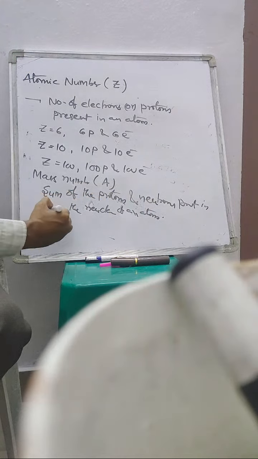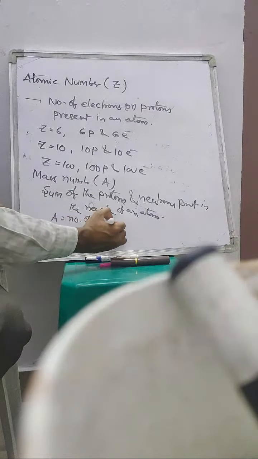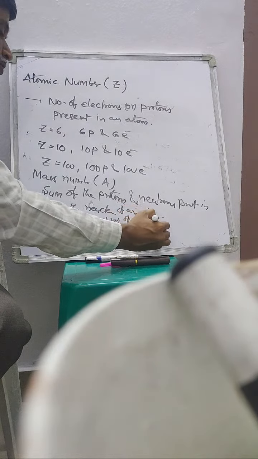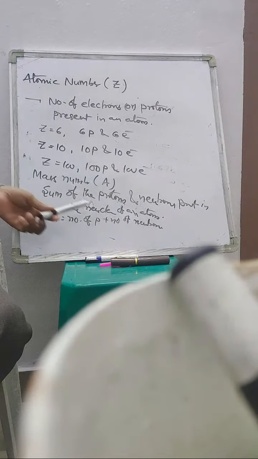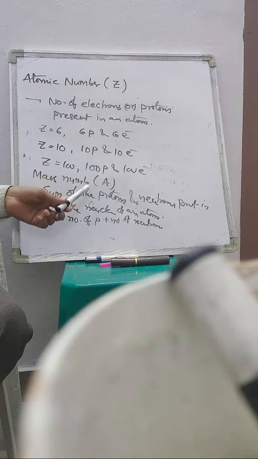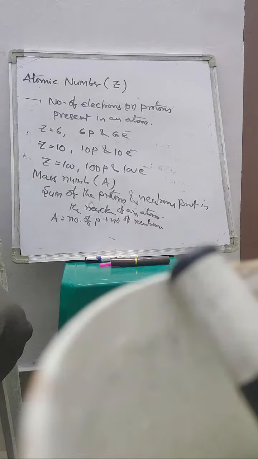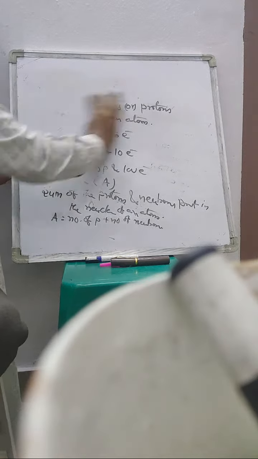So generally, mass number is equal to the number of protons plus the number of neutrons, the sum of the protons and neutrons present in the nucleus of an atom.